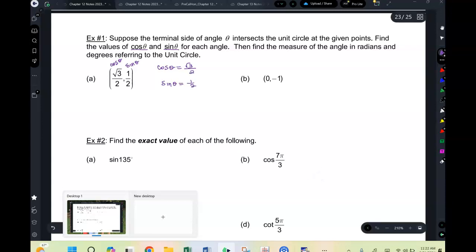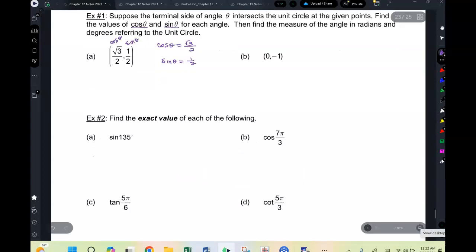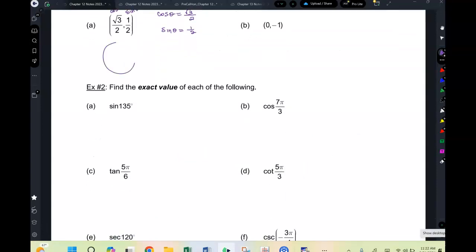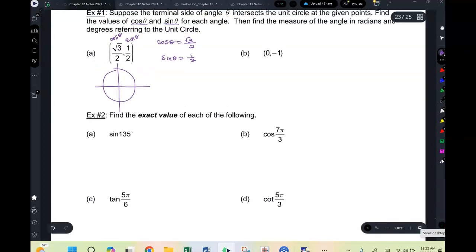Now it says, then find the measure of the angle in radians and degrees, referring to the unit circle. So here's what we're going to do. We have ourselves a unit circle. To trace out this angle, we have to go to this coordinate point. To go to this point, I go horizontally root 3 over 2. That's the longer distance.